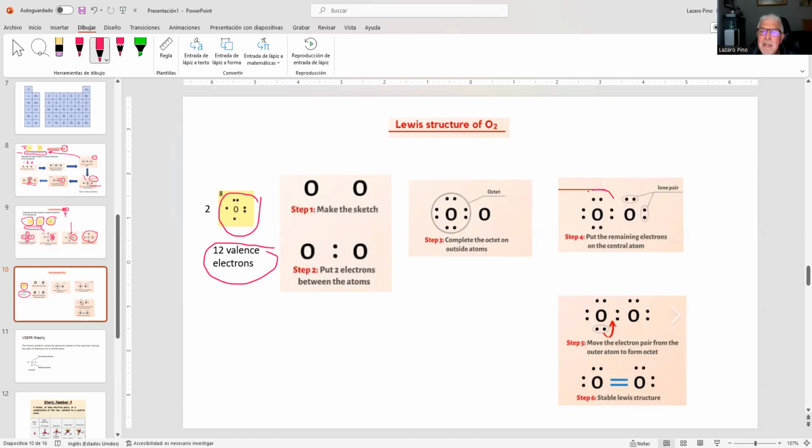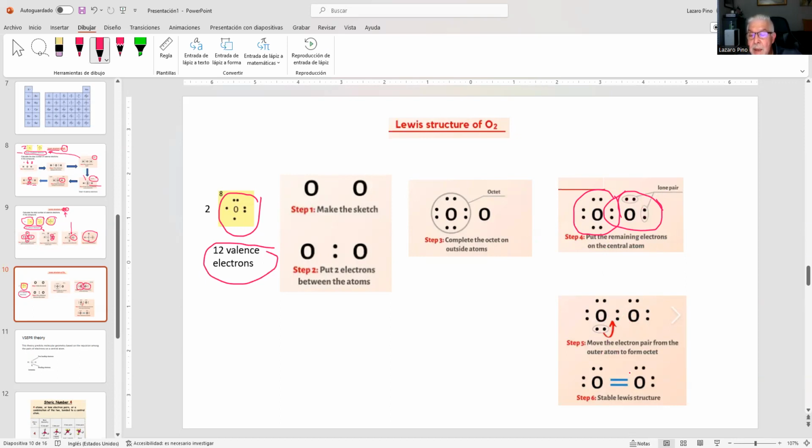What happened with this structure? Well, this oxygen has the octet, but this oxygen does not have the octet, it has only 6 electrons. How many electrons does this oxygen need to get the octet? Well, 2 more. What can we do? Well, we can share these 2 electrons from this oxygen with this oxygen.